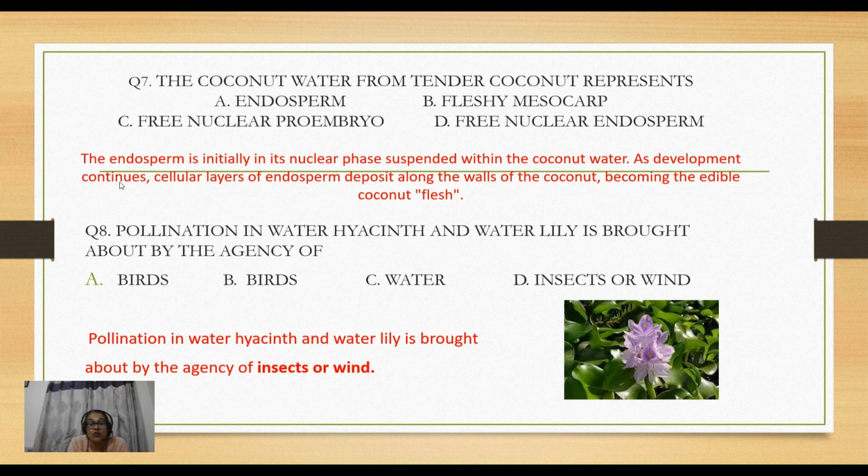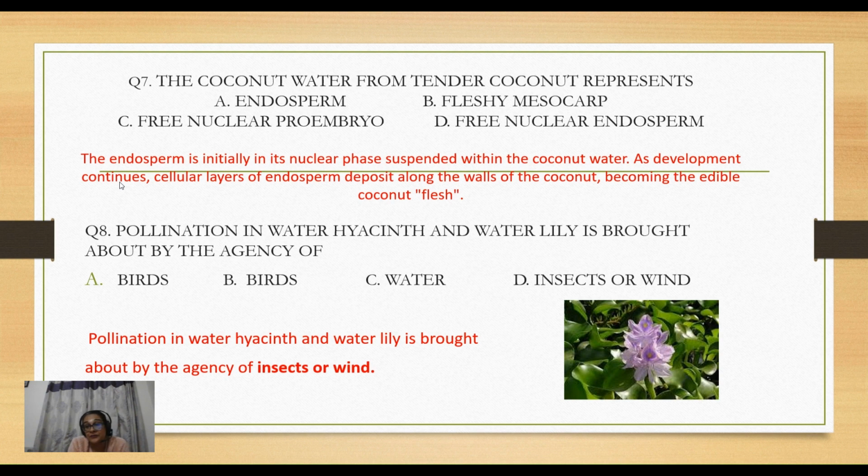Seventh question: the coconut water from tender coconut represents endosperm, fleshy mesocarp, free nuclear proembryo, or free nuclear endosperm. So in this case, the correct option is D. Endosperm in this case arises from the primary endosperm nucleus, right?